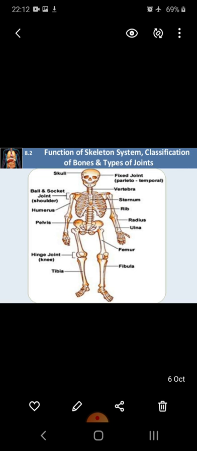We have the skull with fixed joints, vertebrae, ball and socket joint, sternum, ribs, humerus, pelvis, radius, ulna, femur, fibula, tibia, and the hinge joint in the knee.